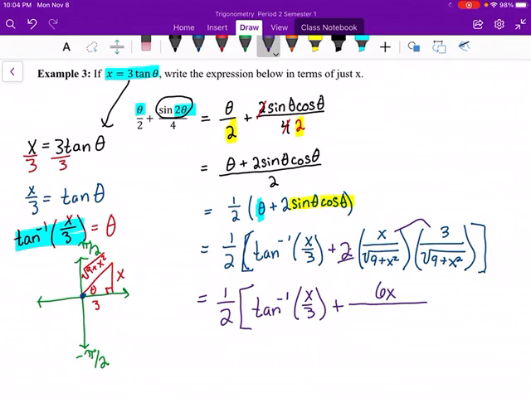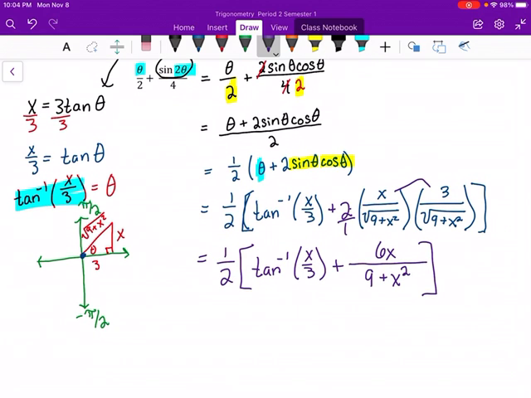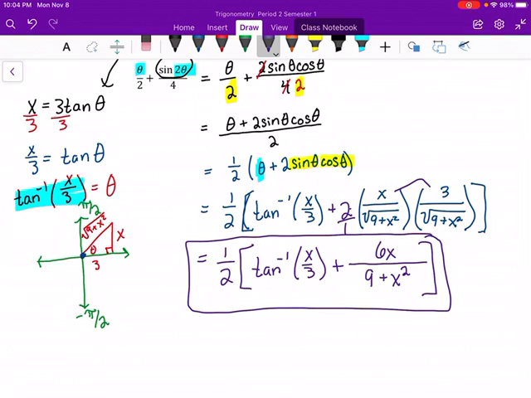And then our denominator, we have 1 times the square root of 9 plus x squared times the square root of 9 plus x squared, which will become just 9 plus x squared for our problem. And that's about as simplified as you can get for this. I know it looks even more complicated than what we were given, but that is how we are going to leave our answer for this problem.